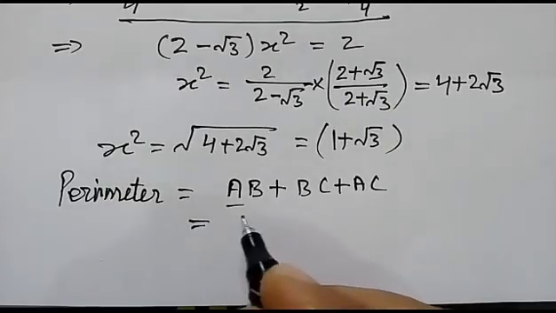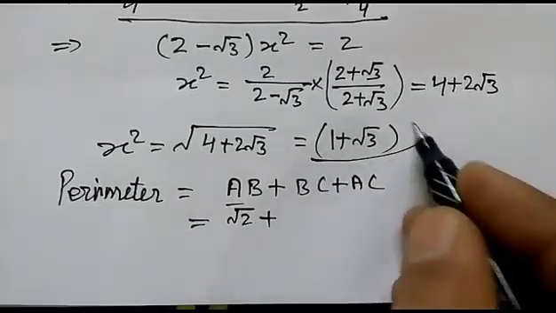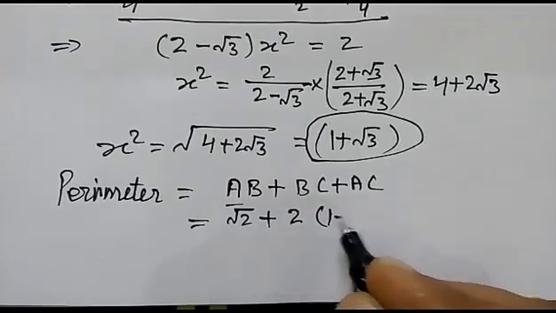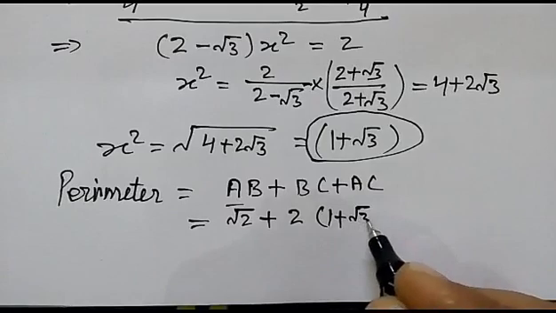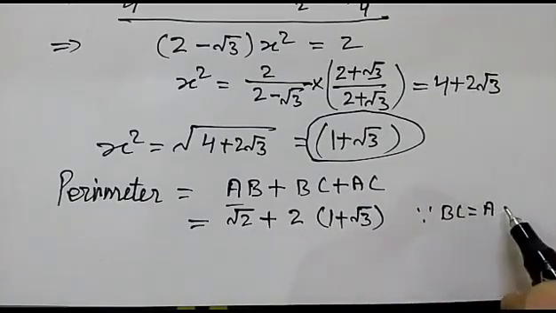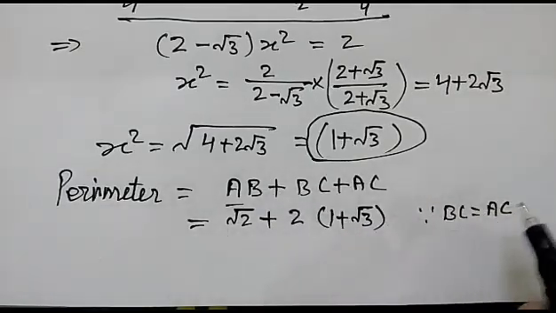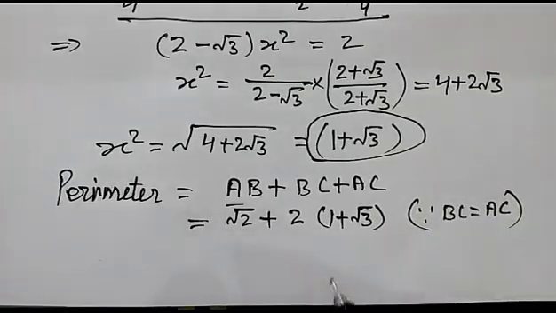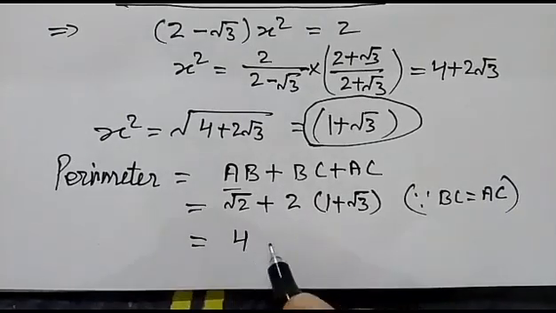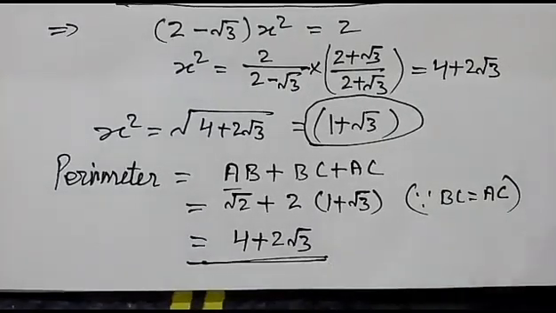So AB is square root of 2 plus double of this, 2 times 1 plus square root of 3, because BC is equal to AC, right? So perimeter will be 4 plus 2 square root of 3, right?